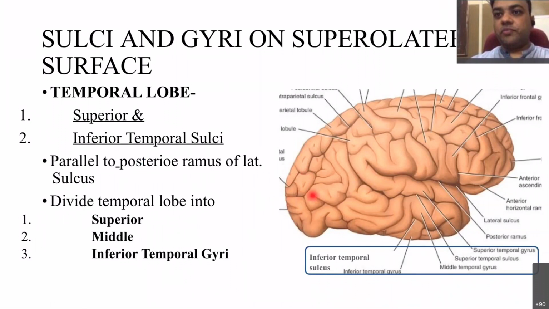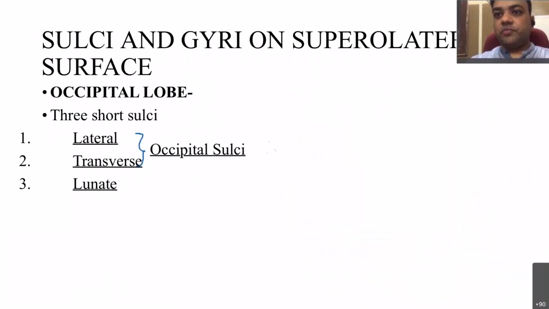Then it is the lunate sulcus, and this is the transverse sulcus. Transverse, lunate, मतलब अच्छा curve रहेगा, and then lateral sulcus. So this lateral and transverse are known as the occipital sulci, and lunate is the separate sulcus.